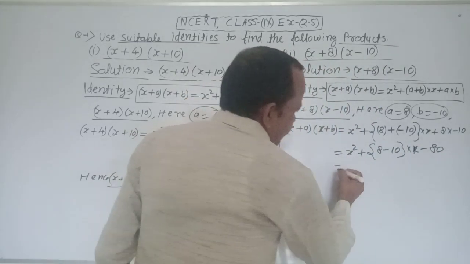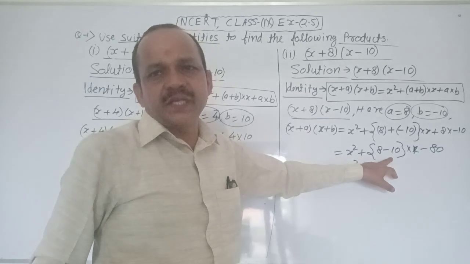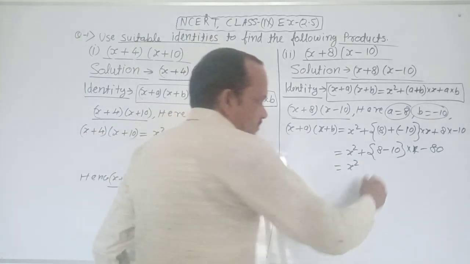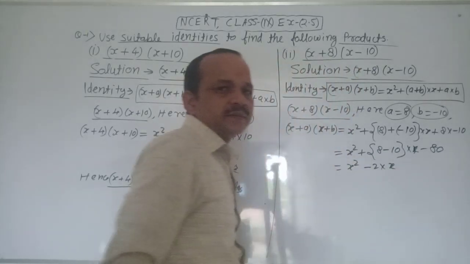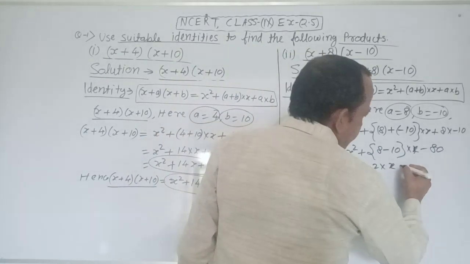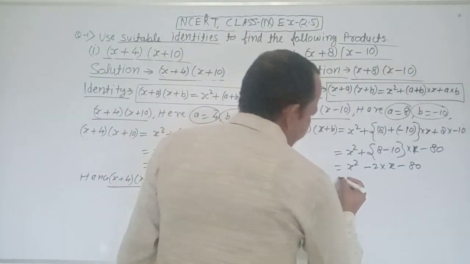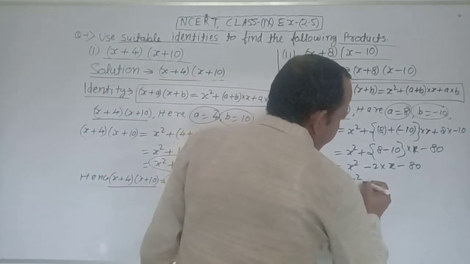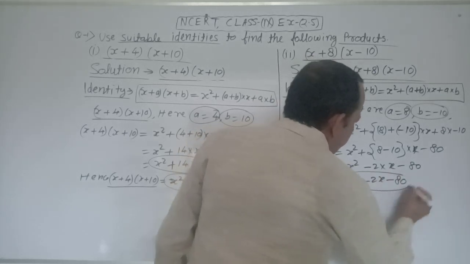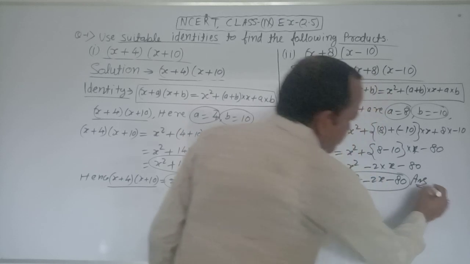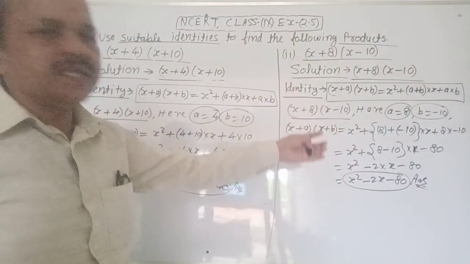You can write x², here you can subtract, it becomes minus 2 multiply x, minus 80. Is it clear? You can write it x² − 2x − 80. It is your answer. You find your answer very easily.